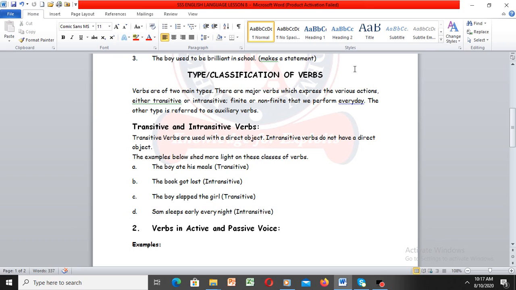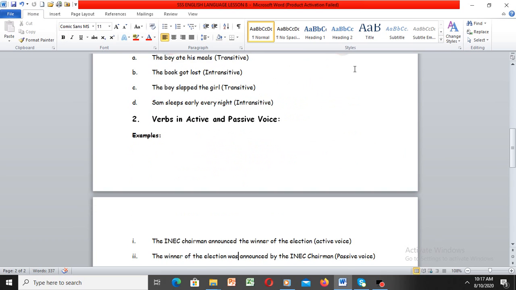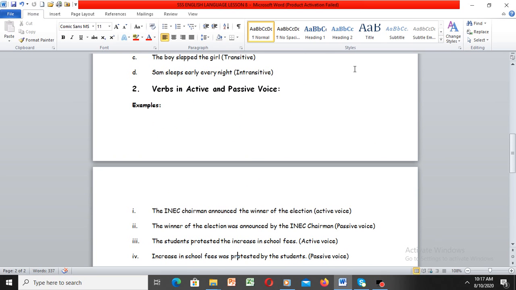2. We have verbs in active and passive voice. These classes of verbs have to do with the subject in a sentence.